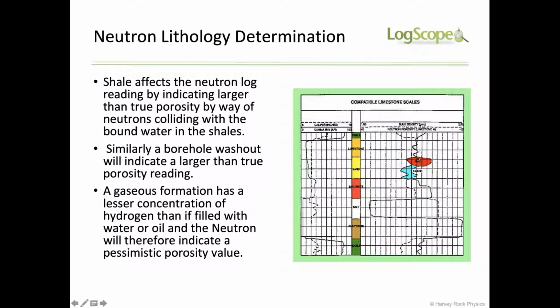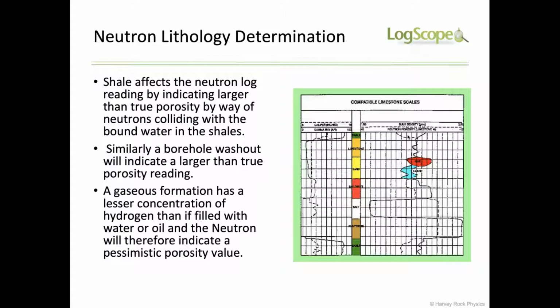When we get into the sand, you get the gas excavation effect, and in liquid, you will see a smaller difference between the two because we're on a compatible limestone scale. That means the neutron porosity is in limestone.